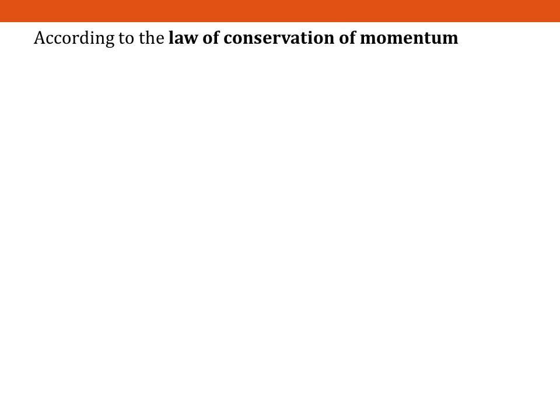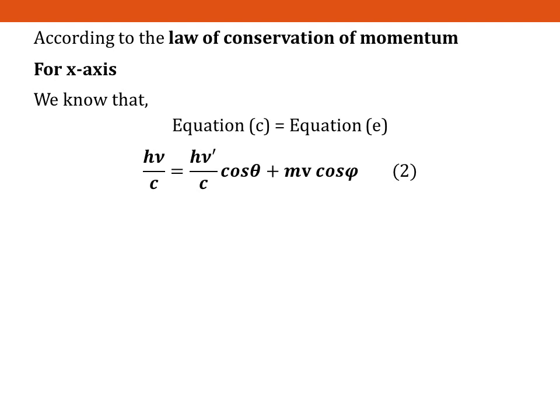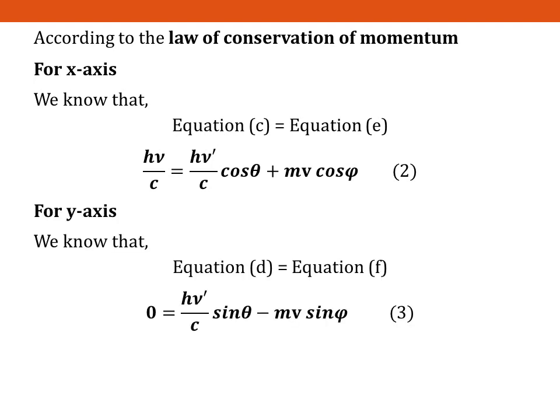Based on the law of conservation of momentum, we equate the momenta along the x direction and we have h nu by c equal to h nu prime by c cos theta plus mv cos phi. This we represent as equation 2. For the y direction, we equate equation D and equation F and we have the expression 0 equal to h nu prime by c sin theta minus mv sin phi, which we represent as equation 3.